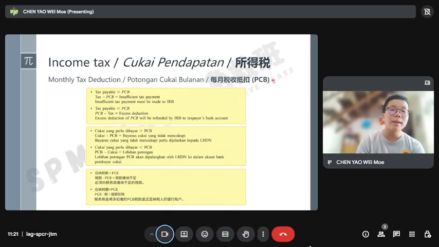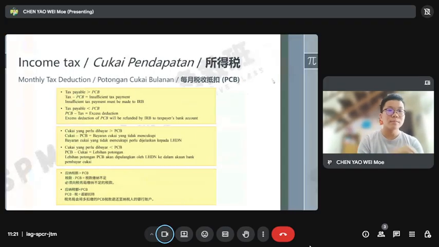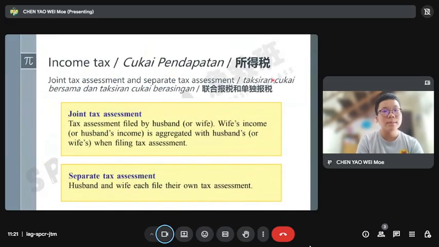If you are already married, your wife or your husband can calculate tax together. You have two assessments you can use. Either you can use joint tax or separate tax. Joint tax means wife and husband combine their income together and calculate the income tax payable.